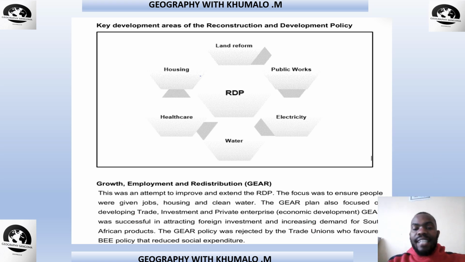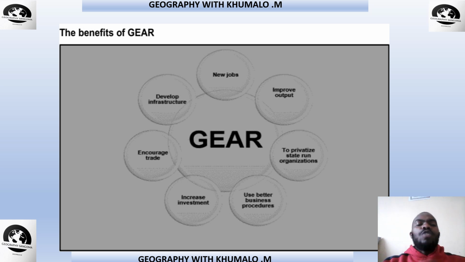And then the last thing, grade 12: what were the benefits of GEAR? New jobs were created. There was an improvement in the output, the products that we were exporting. So there was a large production of those products. There was privatization of state-run organizations. The government could now own organizations such as ESCOM and other ones.